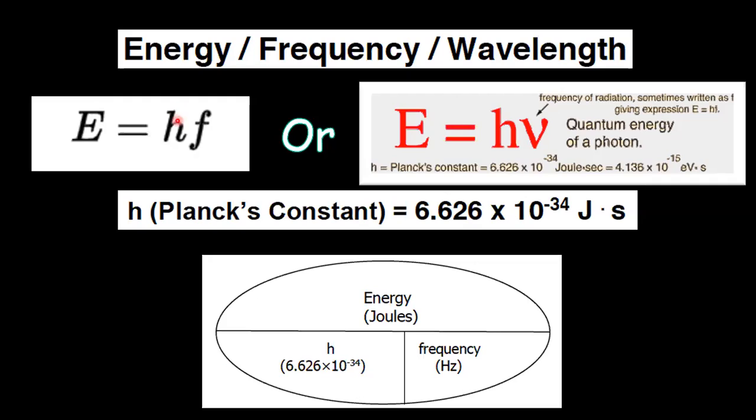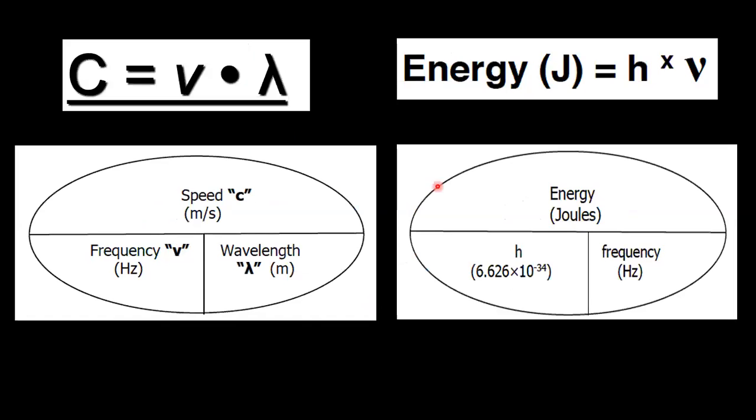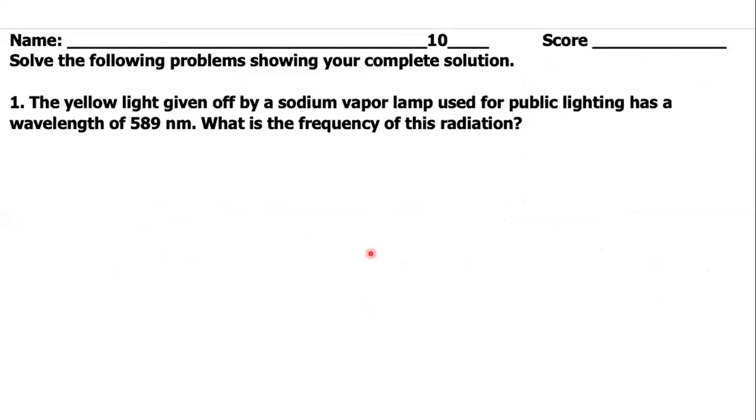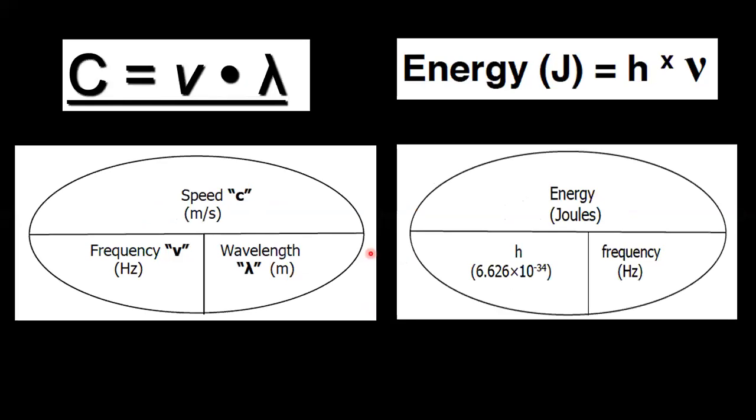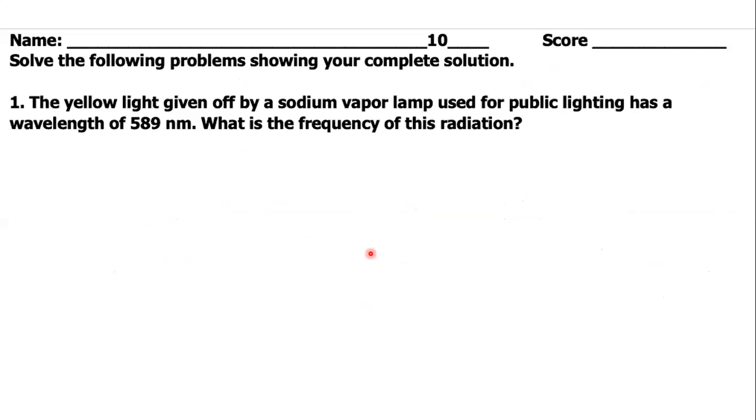To get the frequency if energy is known in the problem, we manipulate this equation. Okay? So take note that we will make use of these two equations in working for the problems presented in the formative assessment.